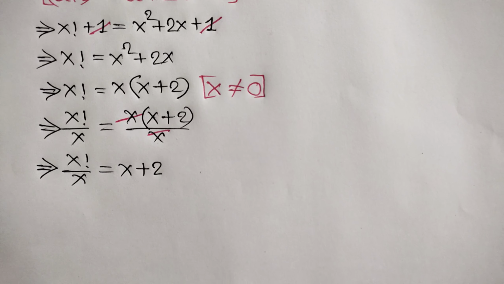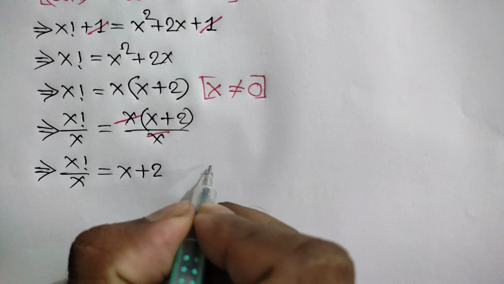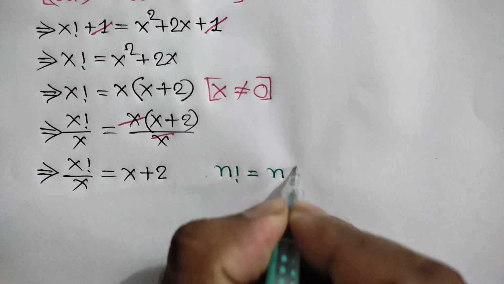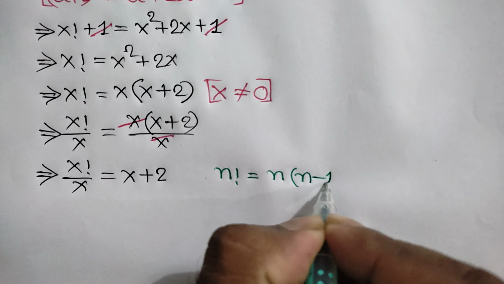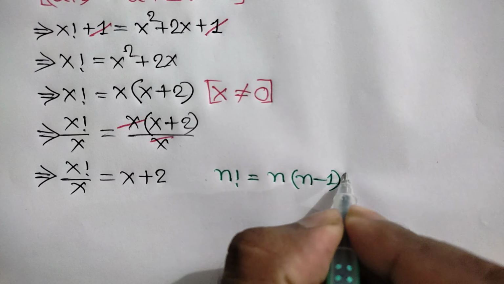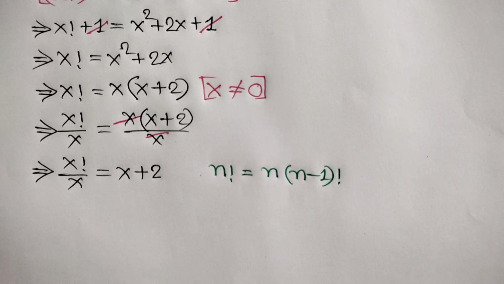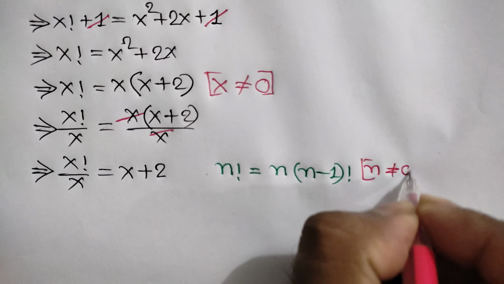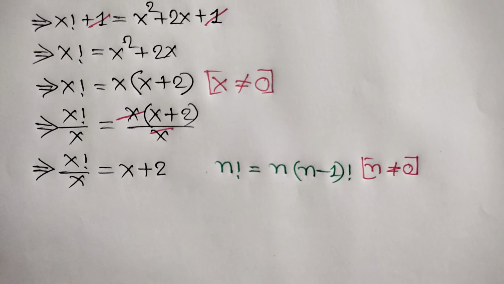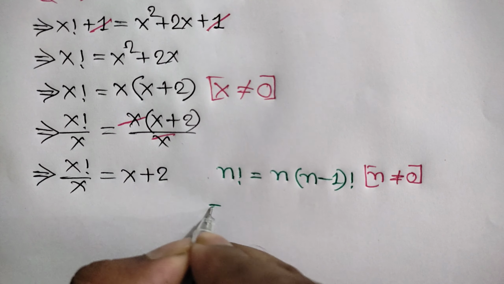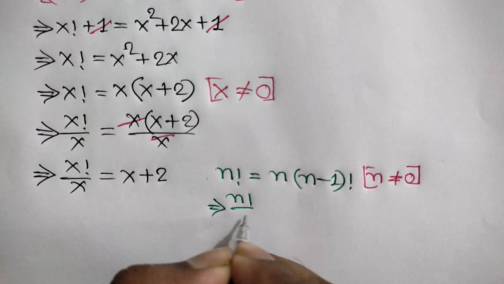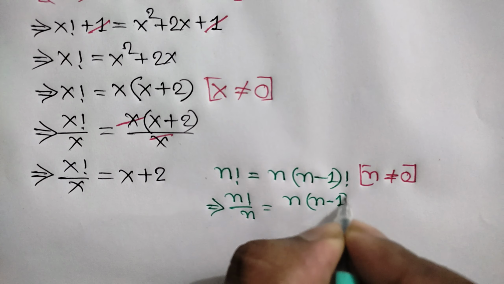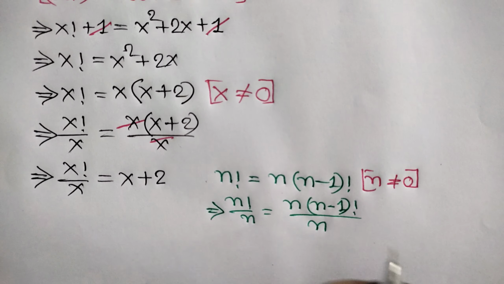Now we know that n factorial is equal to n times n minus 1 factorial, where n is not equal to 0. Now divide both sides by n, we can write n factorial over n is equal to n times n minus 1 factorial over n.